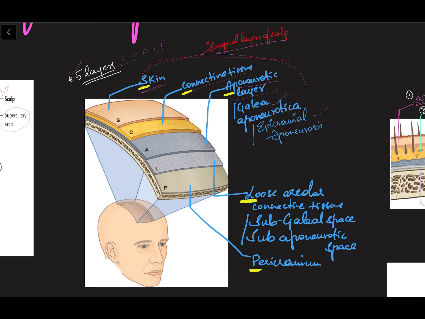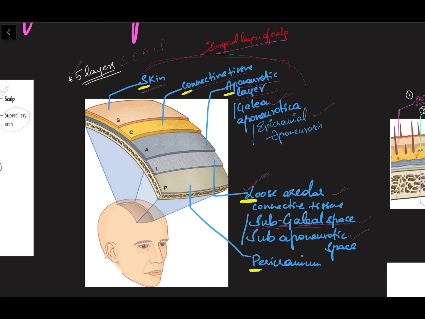After these 3 superficial layers, we get into a space which is filled with loose areolar connective tissue. That layer is also called the loose areolar connective tissue layer, or subgaleal space, or subaponeurotic space. I think you can understand from the name itself, the subgaleal space.